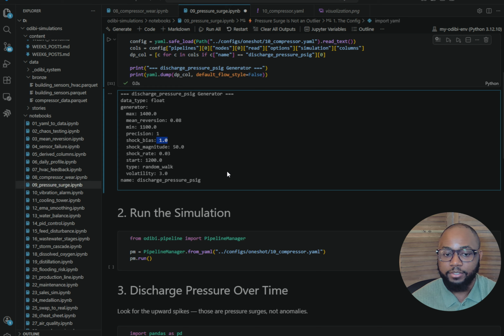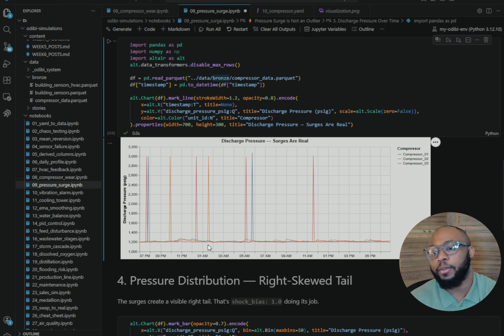Okay, so as you can see, our baseline is around 1200 PSIG, and that's exactly where we set it in the YAML. The random walk keeps it wandering between 1100 and 1400, and the mean reversion tries to pull it back to 1200. Now you see two kinds of spikes here.